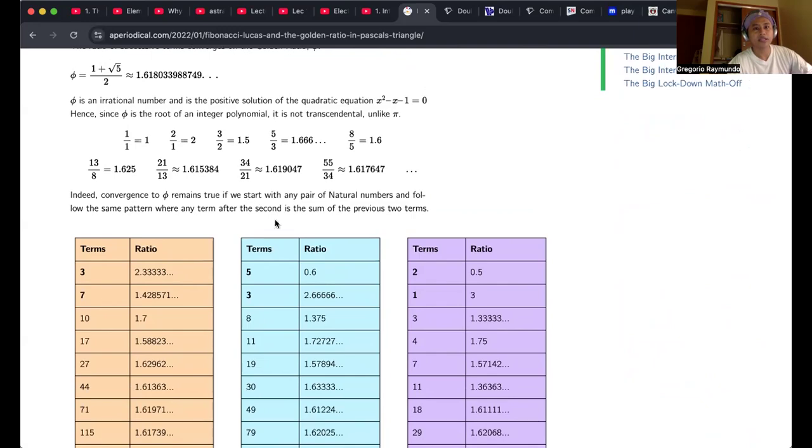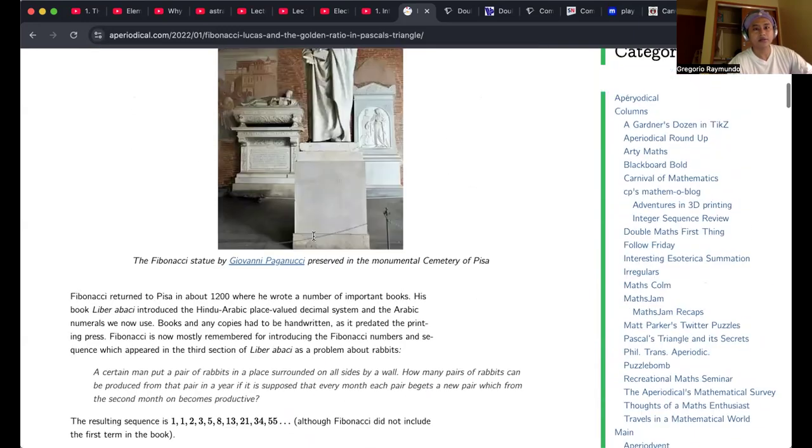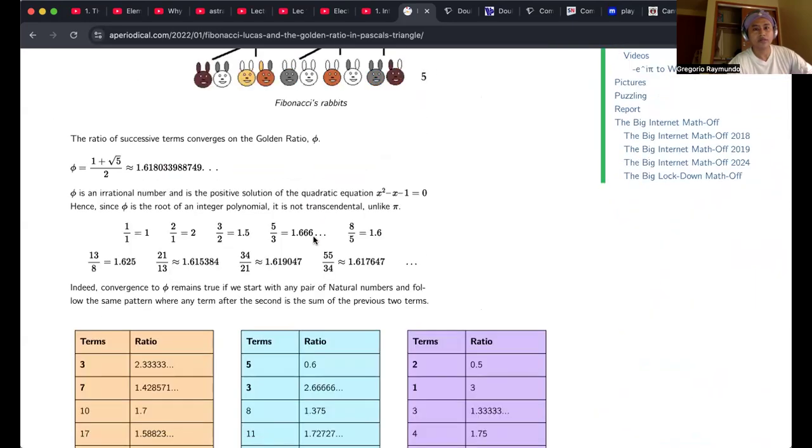Yung golden ratio natin ay approximately 1.618033. So, yung ratio ng bawat Fibonacci numbers, palapit ng palapit. And na-visualize natin sila using the Pascal's triangle.